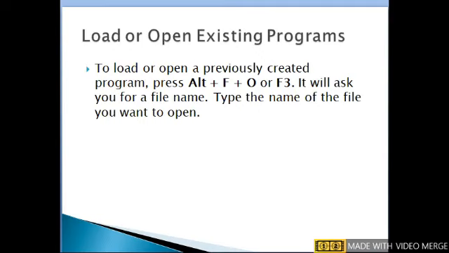It displays the open dialog box. From that dialog box, choose your file name or type the name of the file you want to open. Then select the open button. Then it opens the selected file in the Turbo C editor.